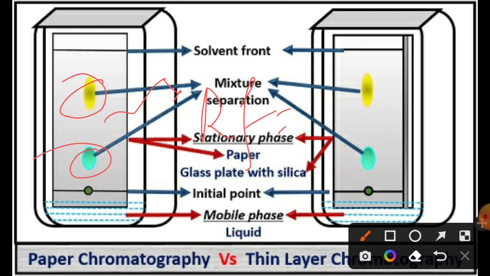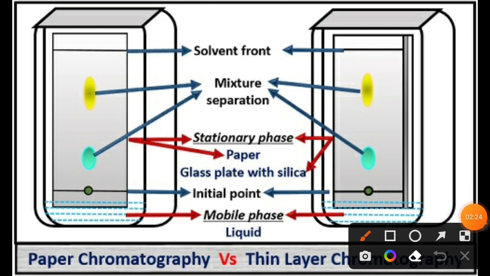So suppose this green line is the solvent, so I am denoting it as B, and the yellow line here is our substance, right? Sorry for that, I made a mistake. Suppose this one is the solvent and this one is the substance.